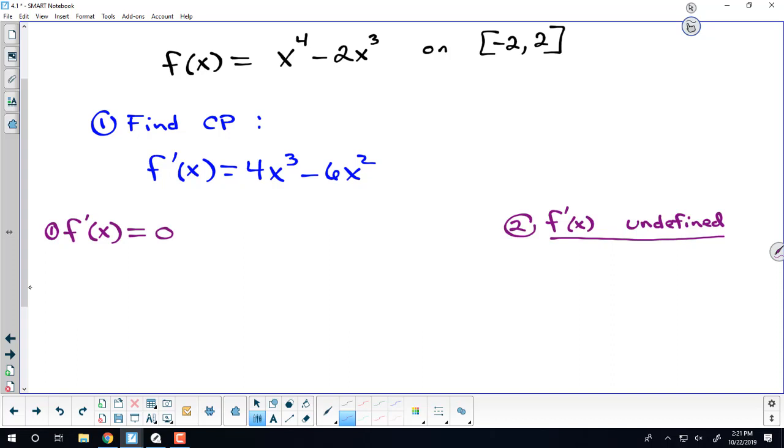On the interval from -2 to +2, our polynomial function derivative is always defined. So it's not ever undefined, and our derivative is 0 when something happens. So we'll factor out a 2 and an x squared.